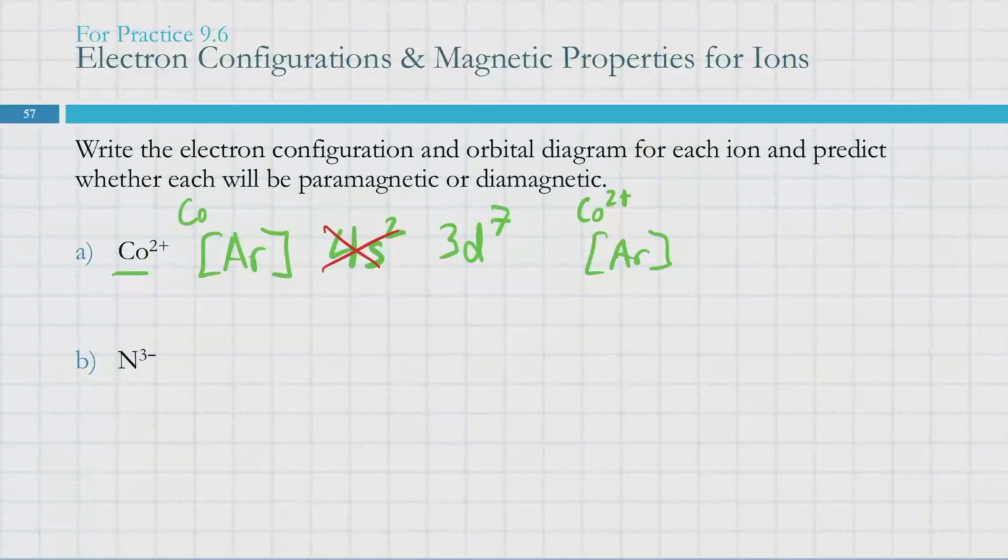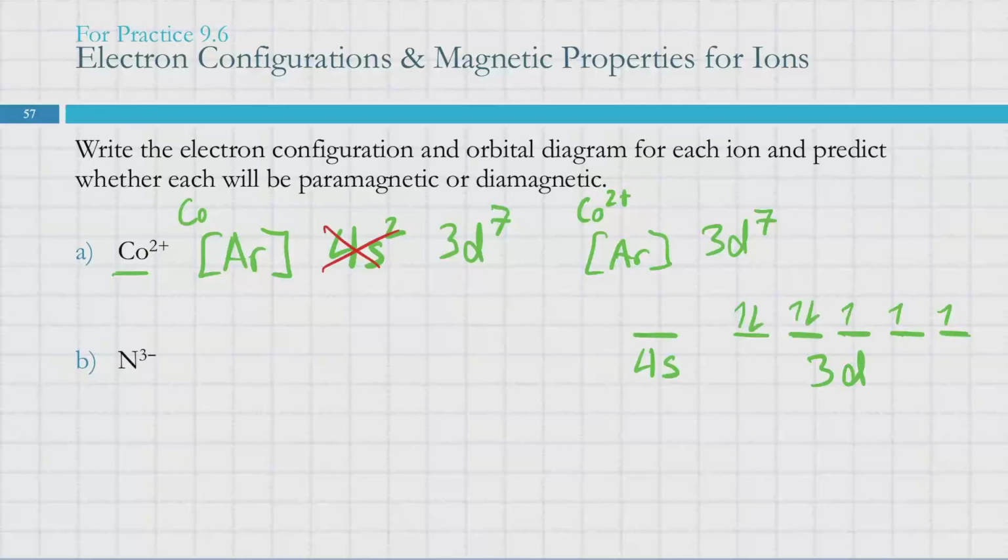We just get rid of them, and we're going to have just 3d7. I'll write in an empty block for our 4s, and then for our 3d, we've got 3d7. We need to fill them in singly with parallel spin first. So 1, 2, 3, 4, 5, and we've got 2 more, and we can fill these now in with parallel spin.